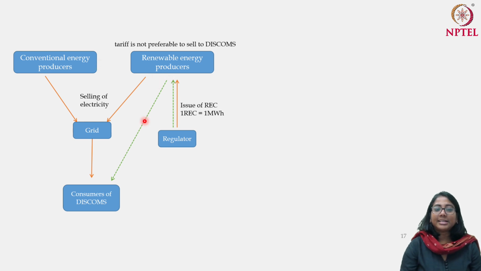In other cases, the discoms may be under obligation that they have to show that 20% or 25% of what they are selling is coming from renewable energy. So this renewability attribute they can sell directly to the discoms, or they can sell it directly to the consumer who wants to comply with such a mandate.